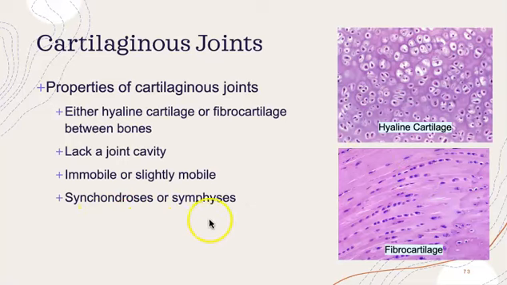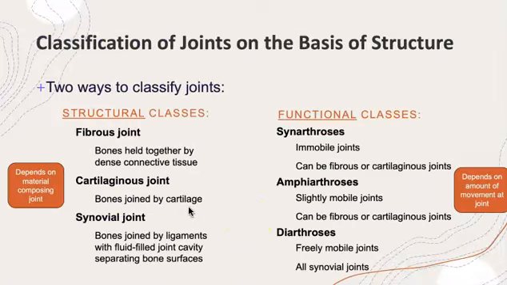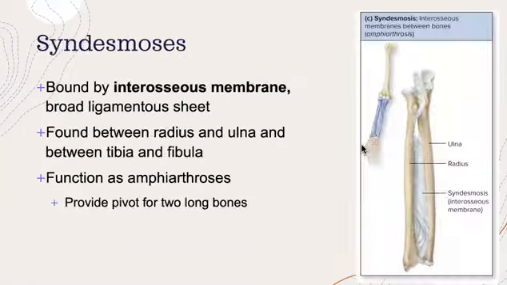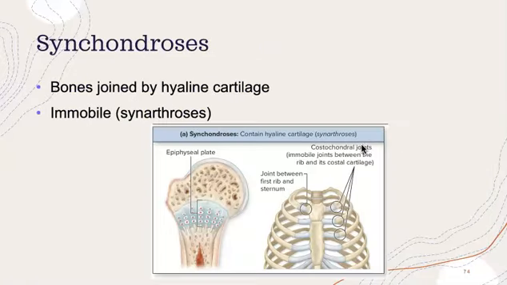Notice that these words are different than our functional classification that we saw here of synarthroses, right? So we'll start off with the synchondroses. Chondro means cartilage. And so these types of joints will have hyaline cartilage between them. So you could see here in the epiphyseal plate, we have some hyaline cartilage within the bone.